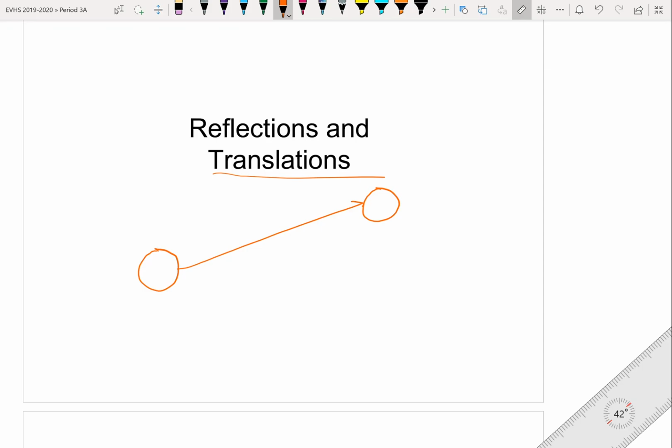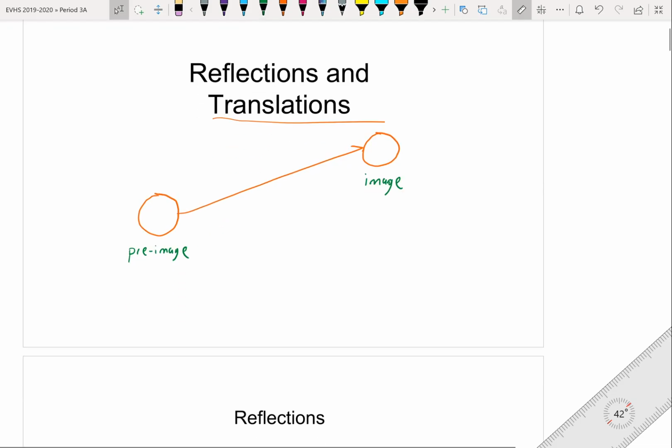Now, the original circle that I drew, we're going to call the pre-image. And then the circle after the transformation is going to be called the image. Okay, so just a little bit of vocabulary before we get into the next couple pages. The original is called the pre-image, and the transformed shape is going to be the image.